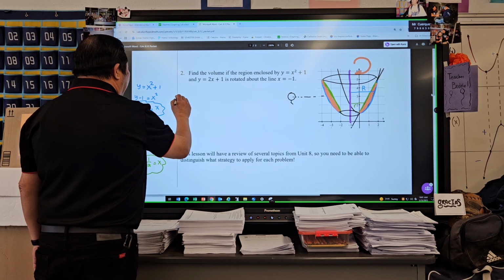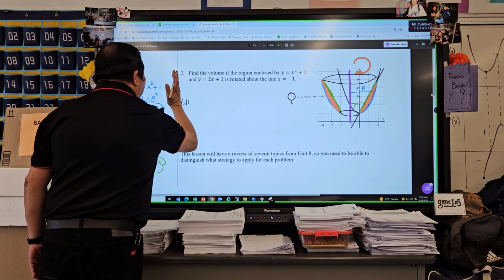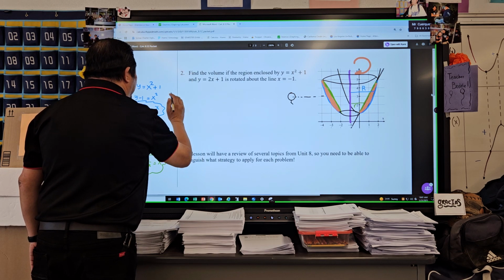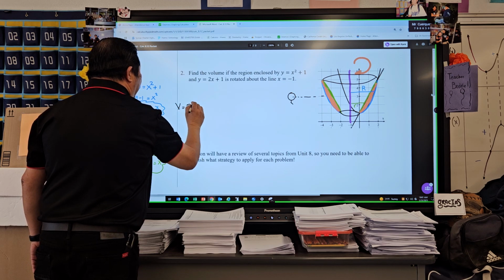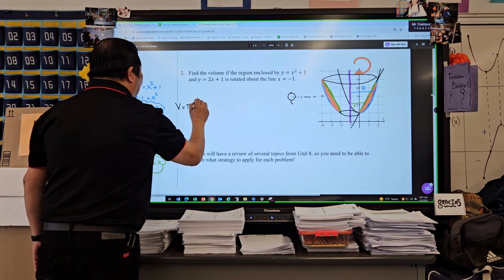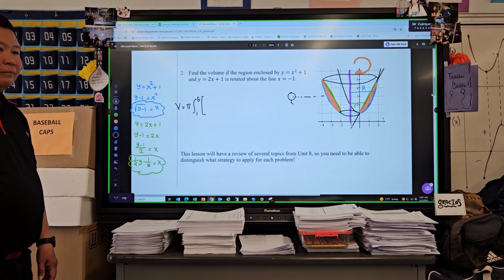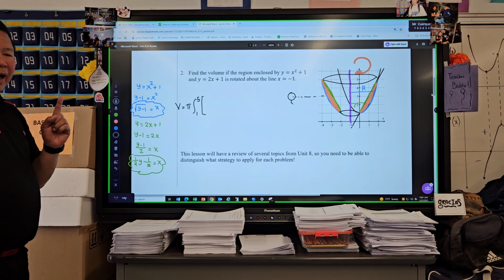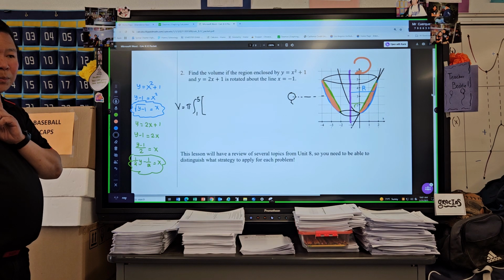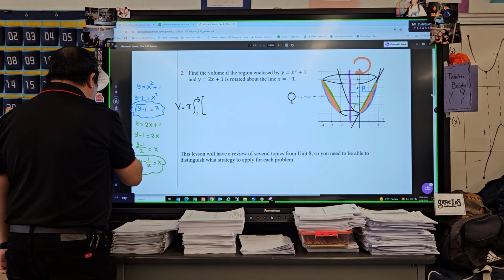Therefore, we're going to start. Volume is equal to pi, the integral from 1 to 5. So the blue minus the purple. You get me? So I'll do color coding.